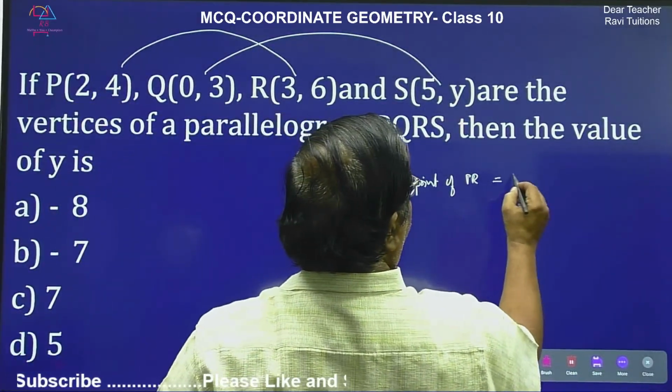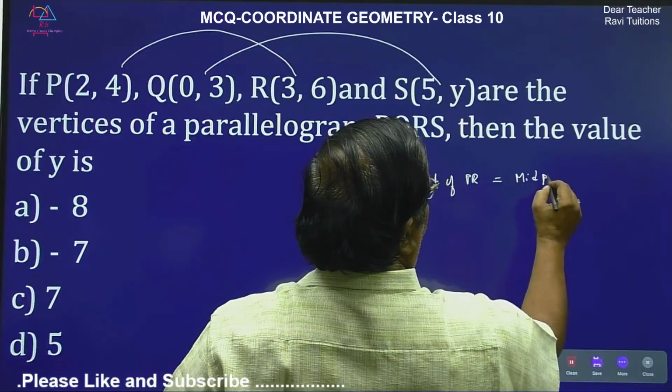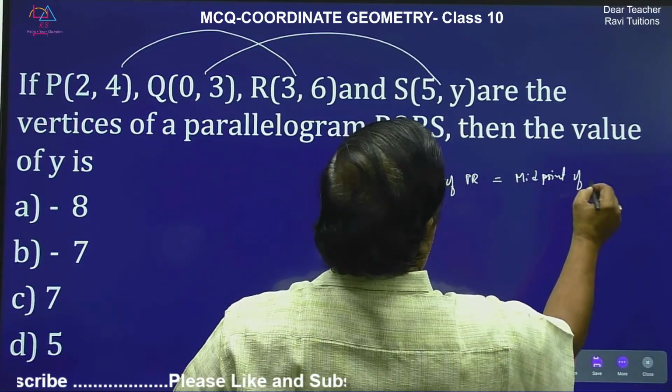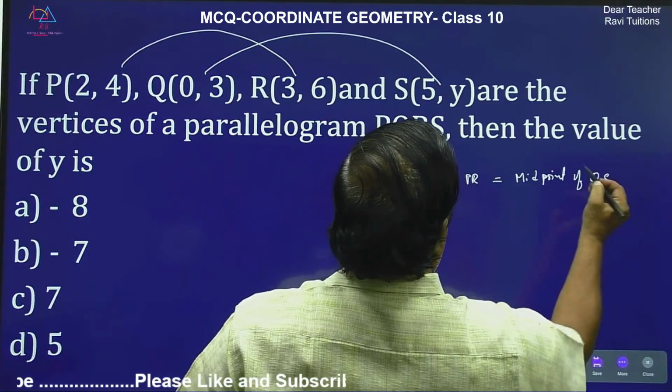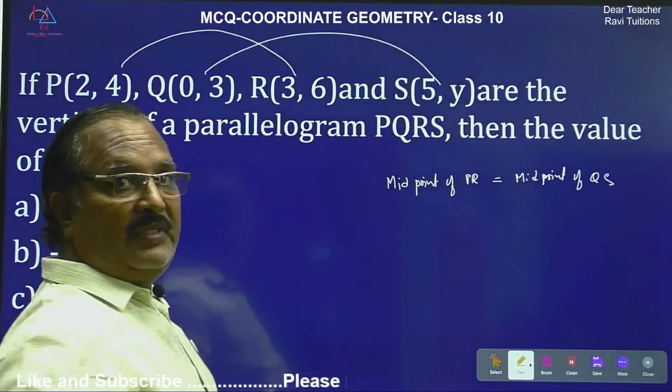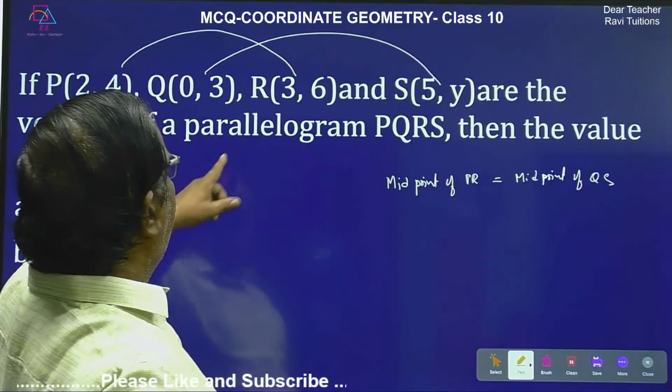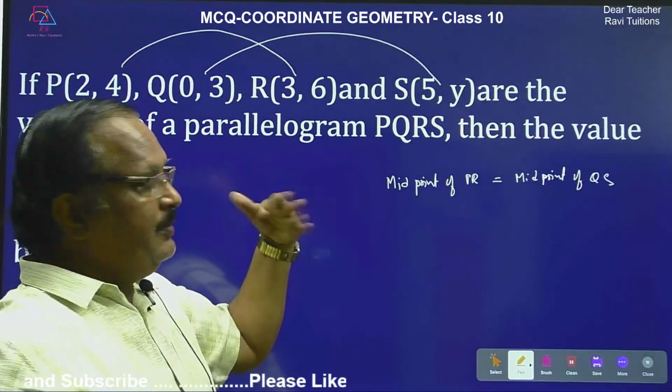Midpoint of PR is equal to midpoint of QS. Then only it will become a parallelogram, because it is given parallelogram, midpoints are equal.